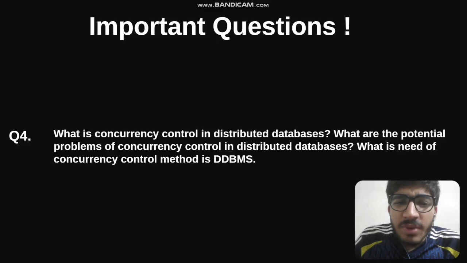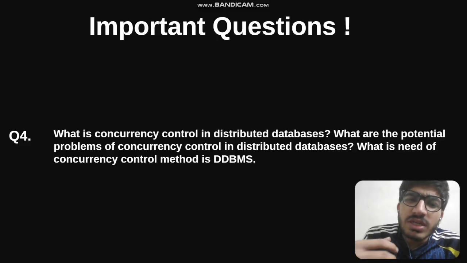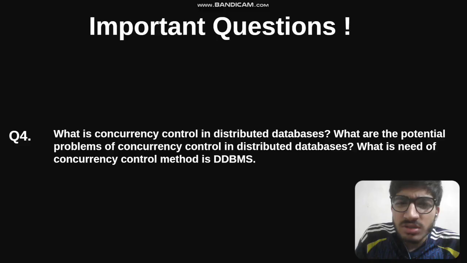The need is to maintain data consistency, because it ensures that concurrent operations do not violate database integrity constraints or leave the database in an inconsistent state across sites. To ensure transaction isolation, it guarantees that the changes made by one transaction are not visible to other transactions until the first transaction is successfully committed.